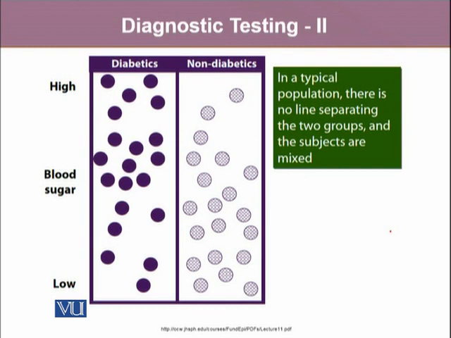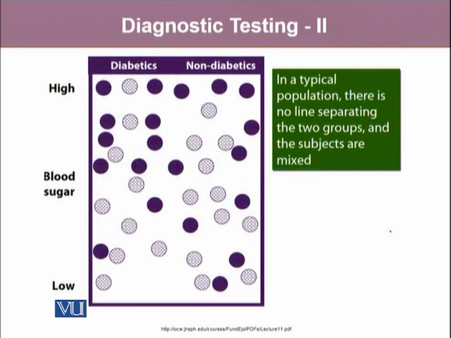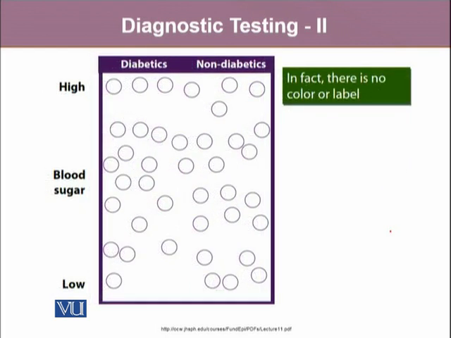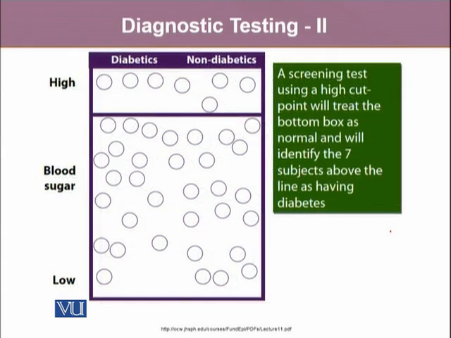But in a typical population, there's no line separating the two groups. And the subjects are mixed like this. In a typical population, when these are well mixed, it's hard to determine who are the diabetics and who are the non-diabetics. Moreover, it's also hard to determine who have the high glucose. In fact, they are not even labeled with color.